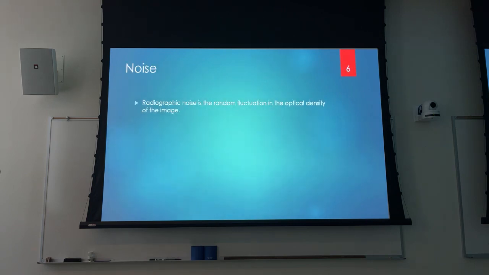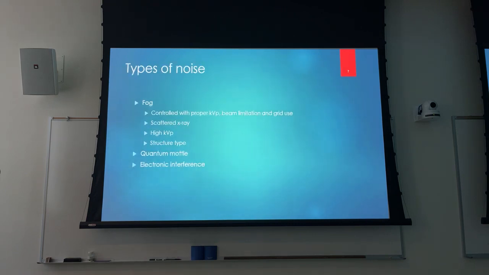We talked about the different types of noise. The most common is fog. You can't get rid of all the fog. We just want to minimize it, and we have certain steps for minimizing it. There are essentially two ways to minimize it: prevent it from being created, or clean it up after it is created.